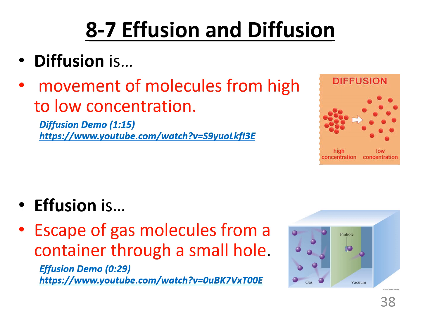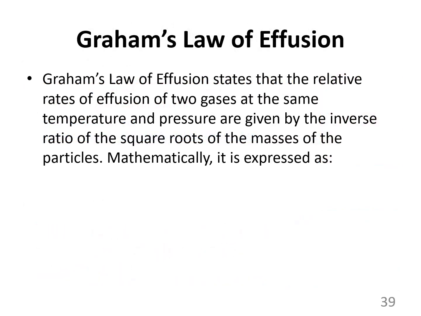And you can look at demonstrations of each of these phenomena in the linked videos. So Graham's law of effusion states that the relative rates of effusion of two gases at the same temperature and pressure are given by the inverse ratio of the square roots of the masses of the particles. That sounds very complicated. Mathematically, it's a lot simpler.